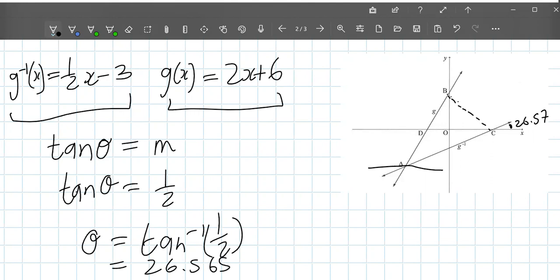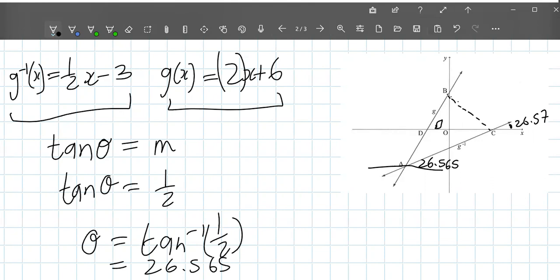So we know that this angle is also 26.565. We know that both those angles are equal because I drew this line parallel to the x-axis. Then we do this angle the same way.